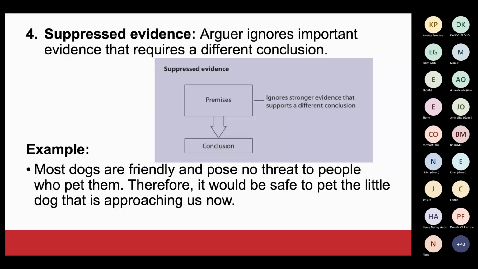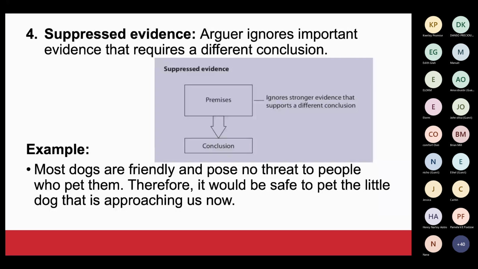You see, there's a problem. You say most dogs are friendly. So is it possible that there are also dogs that are not friendly? So the conclusion is posed, but there's a suppressed evidence. There's an evidence that has not been brought in. It is suppressed. So it is a fallacy.